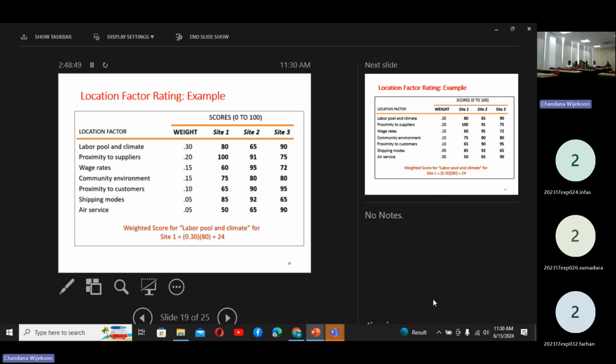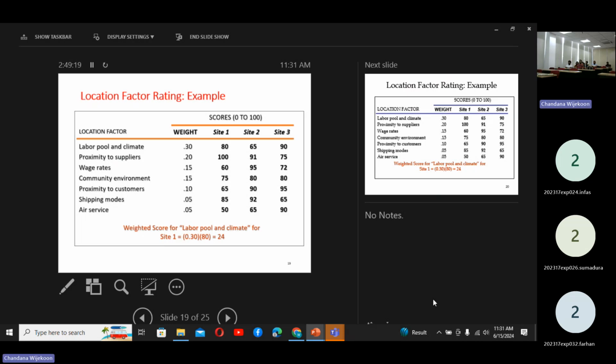So for example, here for the labor pool and climate, these are the scores assigned by the expert for each location, site 1, 2 and 3. Values between 0 to 100. So in terms of labor pool and climate, which location is more attractive and why?